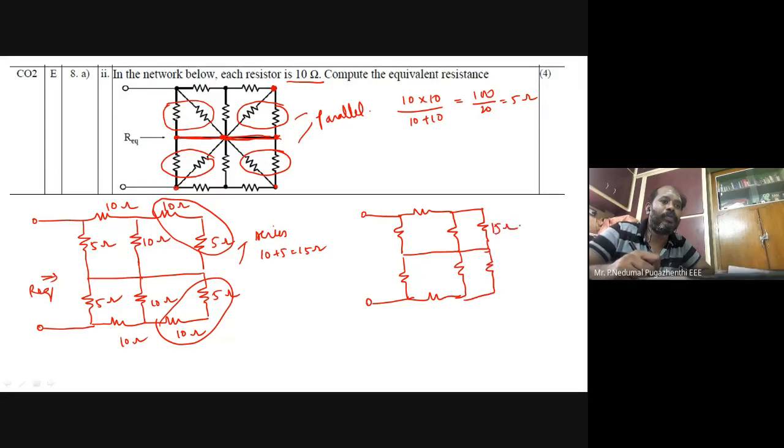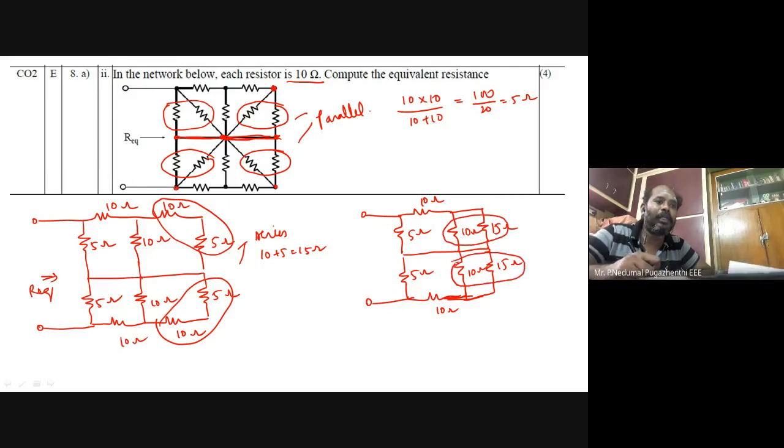This is 15, this is 15, this is 10, this is 10, this is 10, this is 5, this is 5, and this is 10. Again, I can find some combination here.